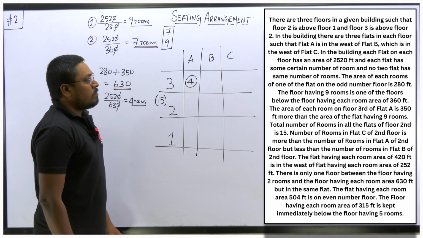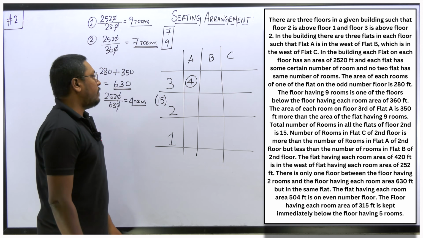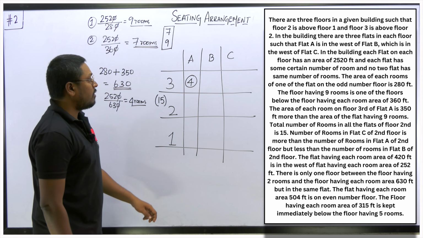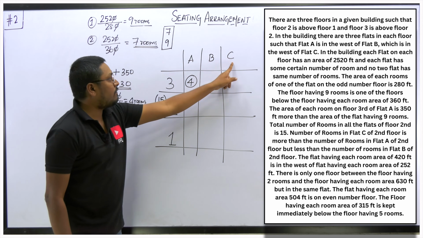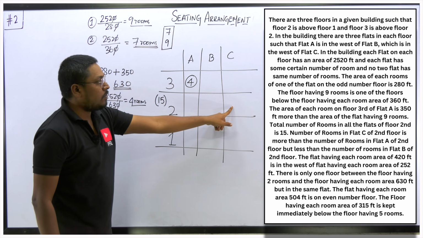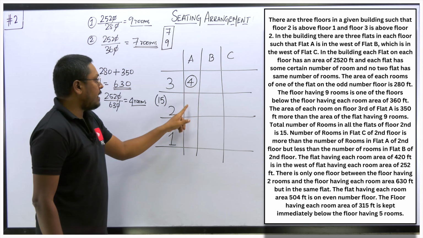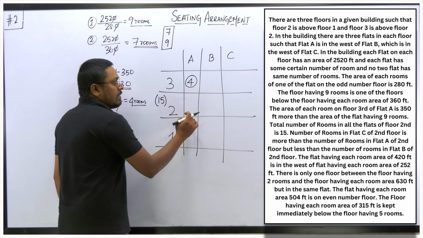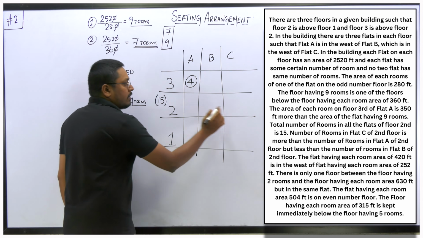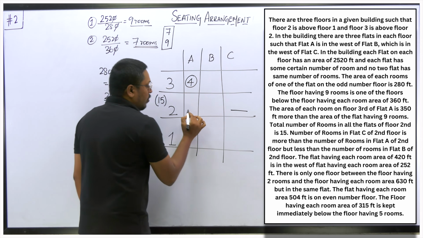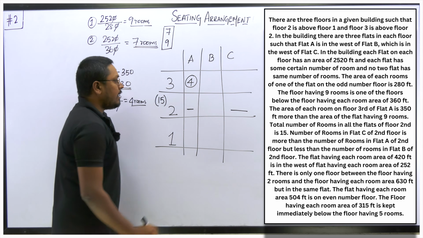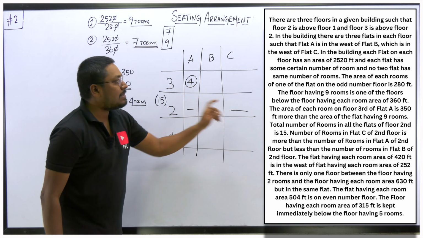So the number of rooms in flat C on the second floor is more than the number of rooms in flat A. So what they are saying is, when compared to flat A on the second floor, flat C is more, right?